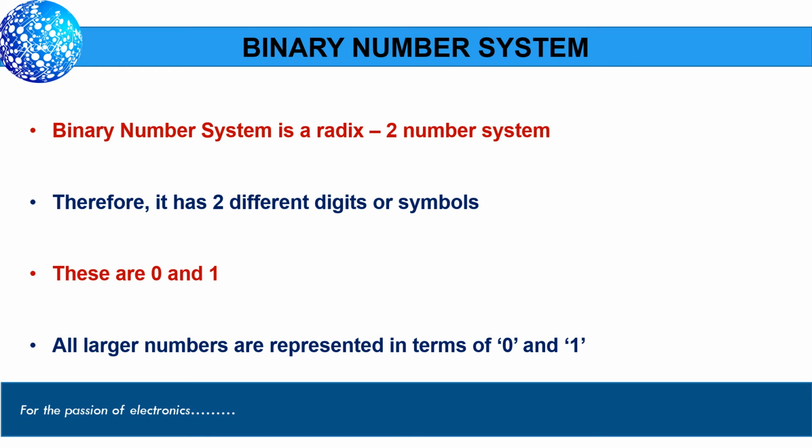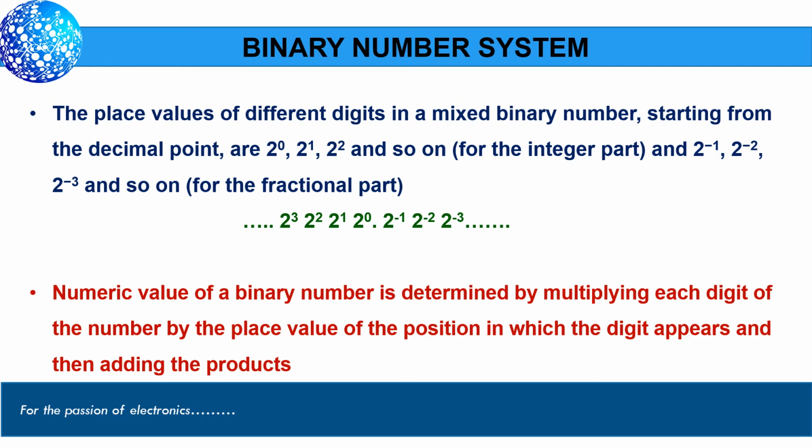The binary number system has 2 independent digits, which is 0 and 1. So it is a radix 2 or a base 2 number system. All larger numbers are represented in terms of 0 and 1 only. The place values of different digits are calculated in a manner similar to that of the decimal number system, except for the fact that we take numbers with 2 raised to the power something.